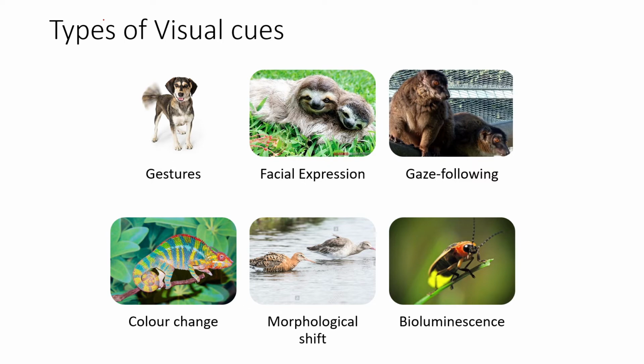Gaze is the point where they are staring. If someone is staring at a particular point for a long time, we'll also watch it. We'll try to see where he or she is staring. So we are following the gaze. That sort of thing is called gaze following, and it is prominent in addressing what the other person is seeing. So, what are you seeing? That is what gazing is.